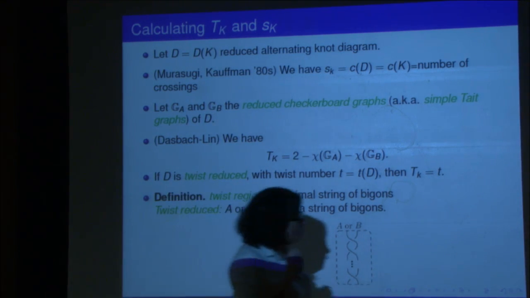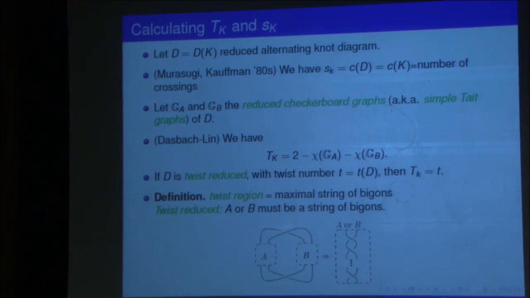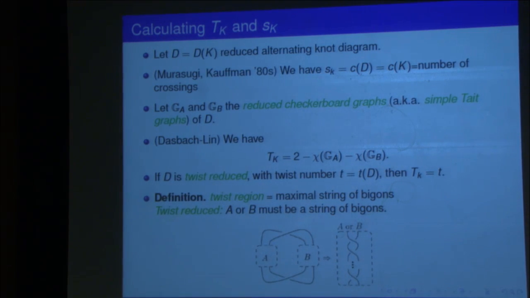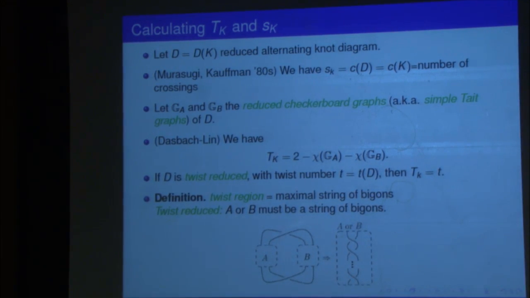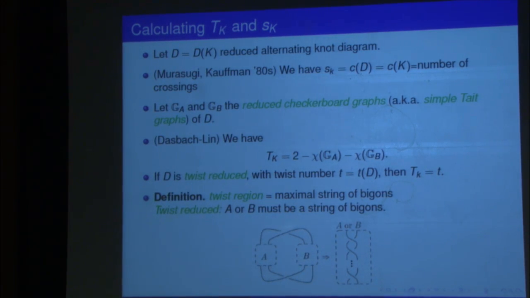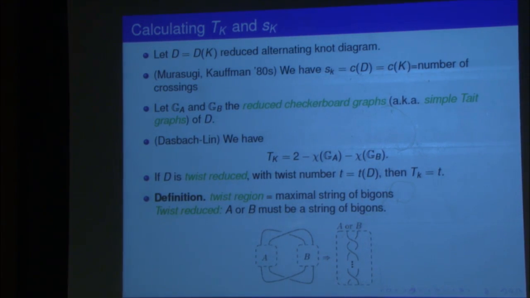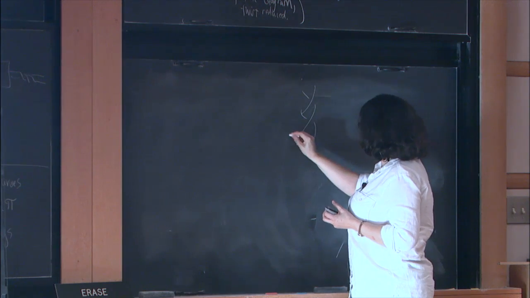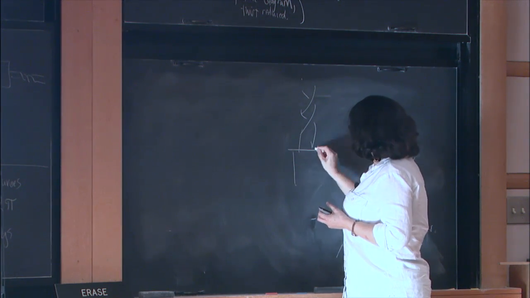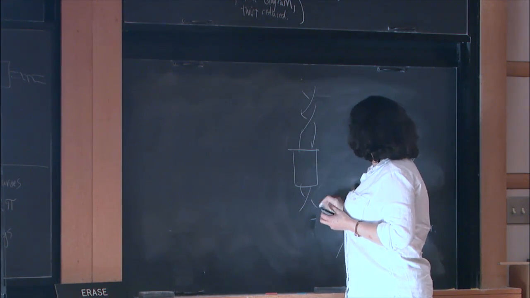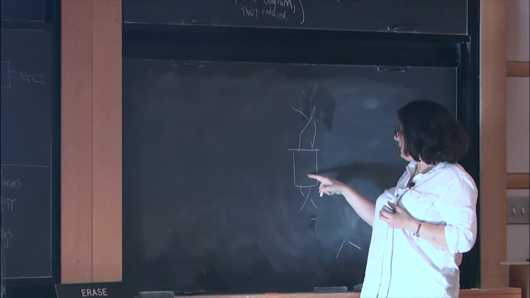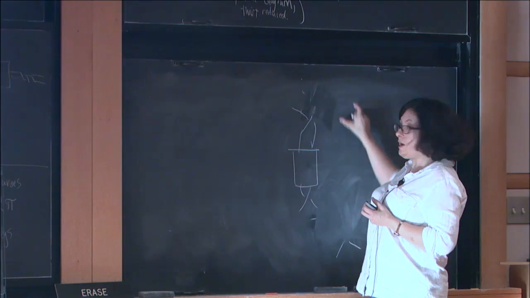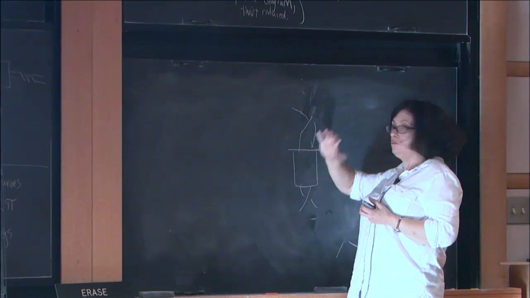No. If it's twist reduced, it means you cannot reduce the number of twist regions by flipping anymore. So every time I see that kind of configuration, then I know that I have bigons either here or outside. So I can do it.